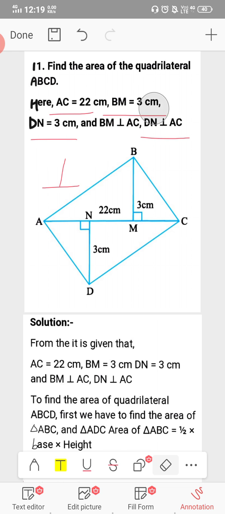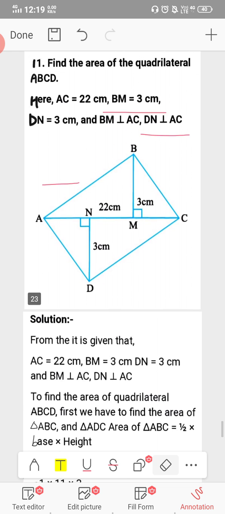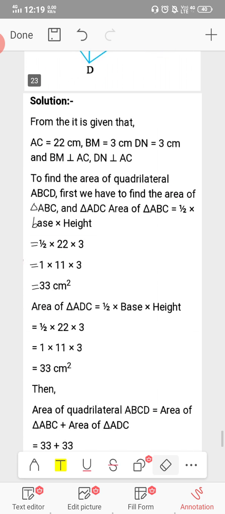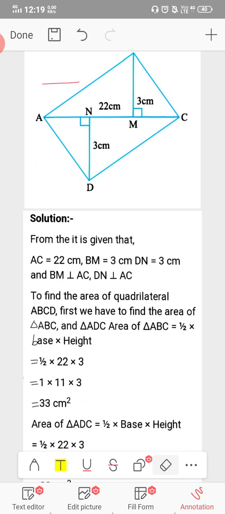Now what they are asking is to find the area of the quadrilateral. So firstly, to find the area of the quadrilateral, we have to find the area of triangle ABC and triangle ADC. The area of triangle ABC will be equal to half of base into height. This is the formula for a triangle.